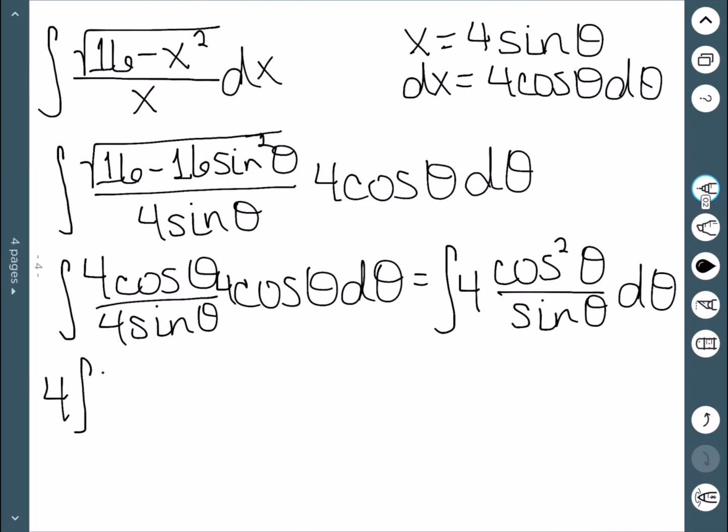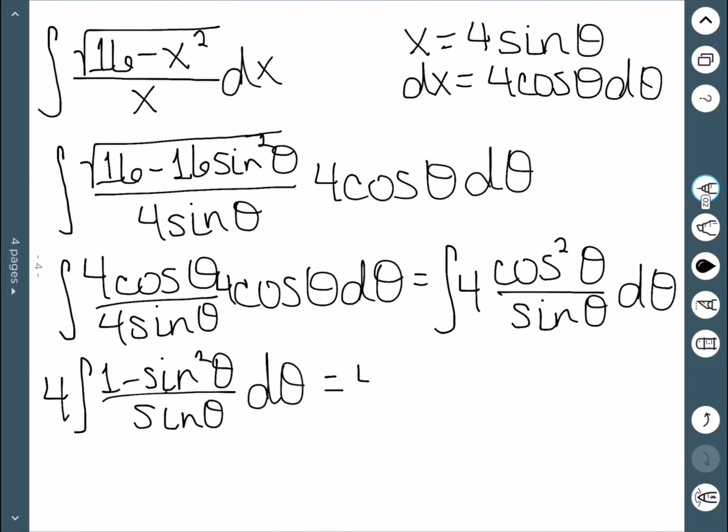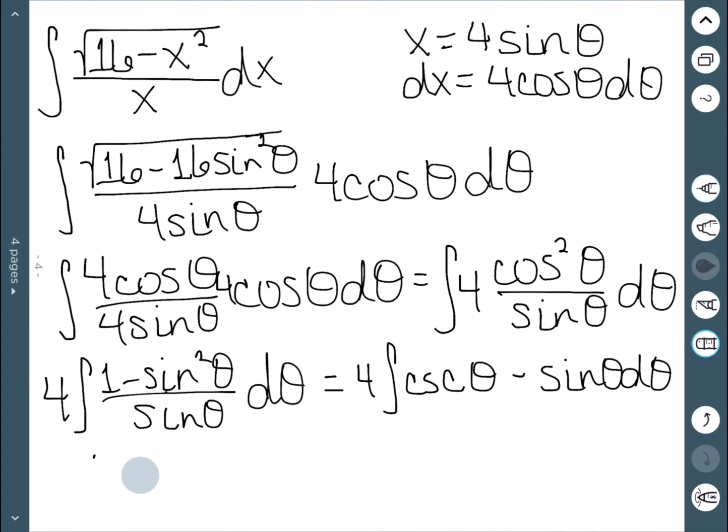Well, cosine squared is 1 minus sine squared. And then from that, we can actually split this integral into 1 over sine, which is cosecant theta, minus sine squared over sine, which is sine theta, d theta. And now we can actually evaluate it.